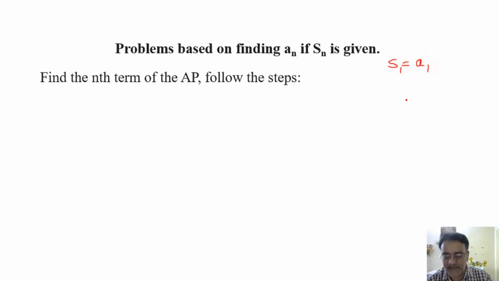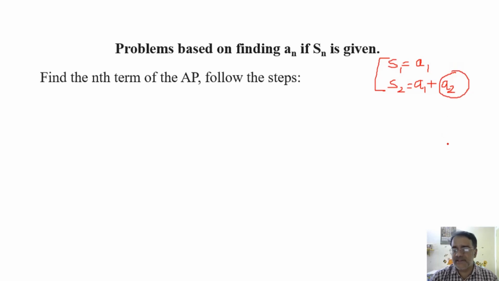Okay, sum of one term. What is S2? A1 plus A2. Right, A1 plus A2. That is the sum of two terms. And what will you get if you subtract these two? A2. We'll get A2. That means the second term. And the first term we already have, that is S1. And if we subtract these two, second term minus first term, we'll get the value of d.